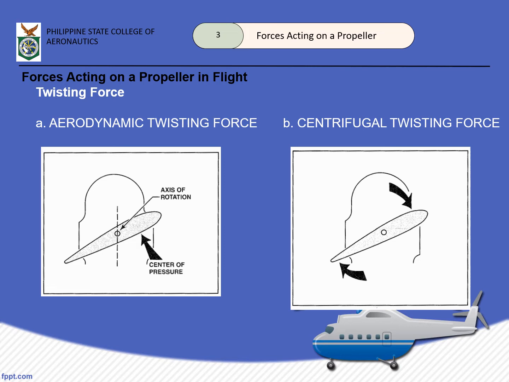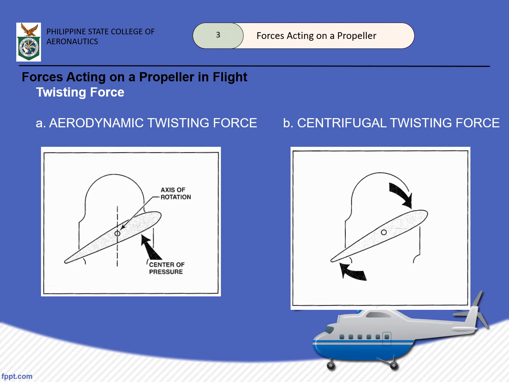When a propeller rotates, centrifugal force tries to align the propeller's center of mass with the center of rotation. So, a propeller's center of mass is typically ahead of its center of rotation. Therefore, when a propeller rotates, centrifugal force tries to decrease its blade angle.